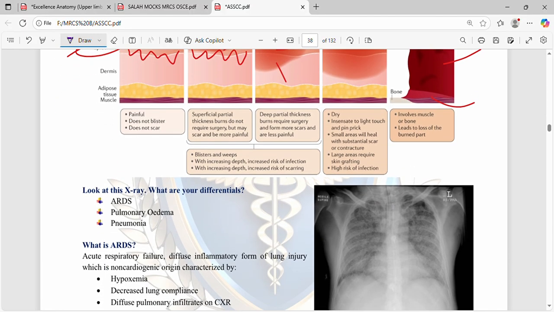Superficial burns are painful, do not blister, and do not result in scar formation, and the rest we have discussed already.